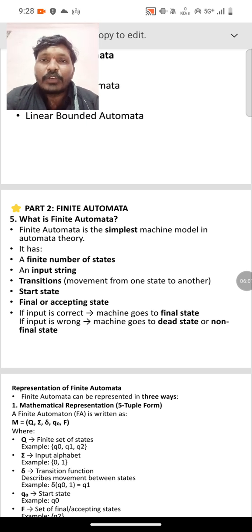Transition means we can move from one state to another state. Finite automata is a mathematical model.